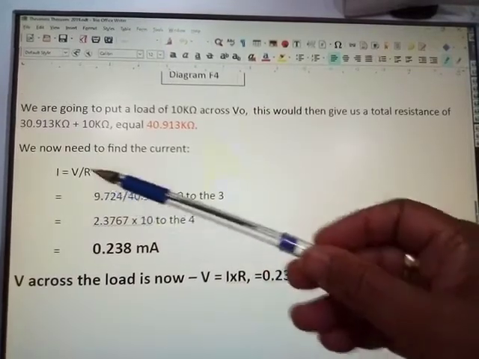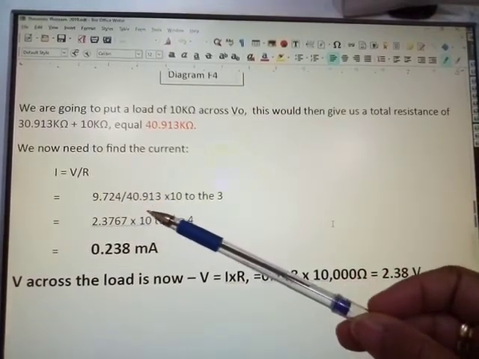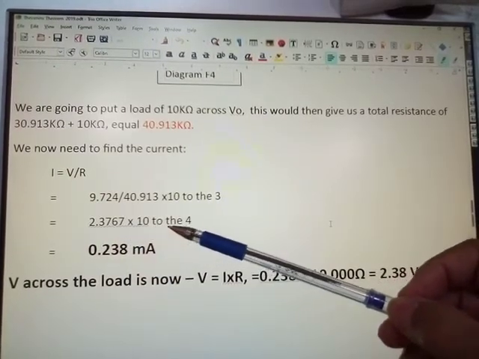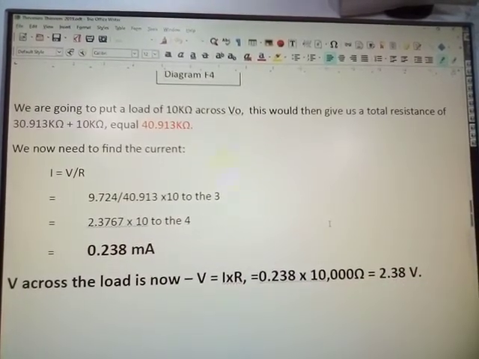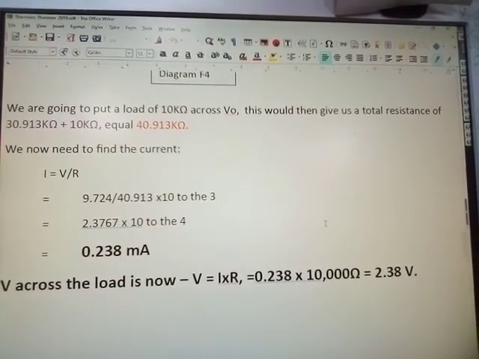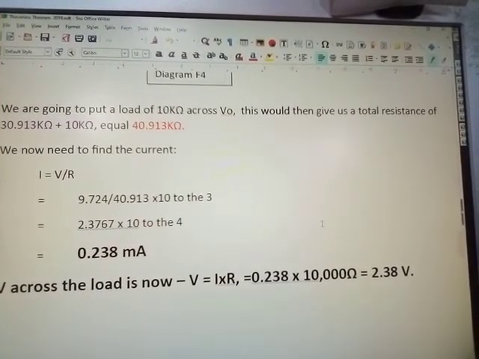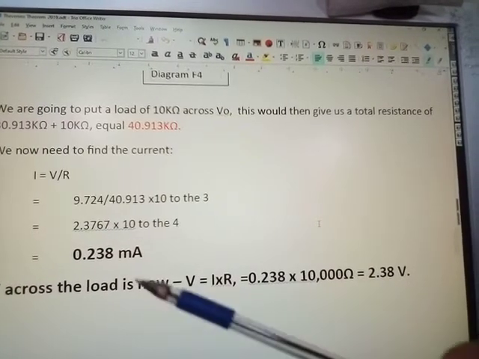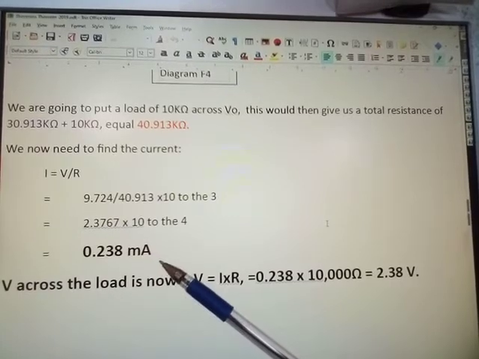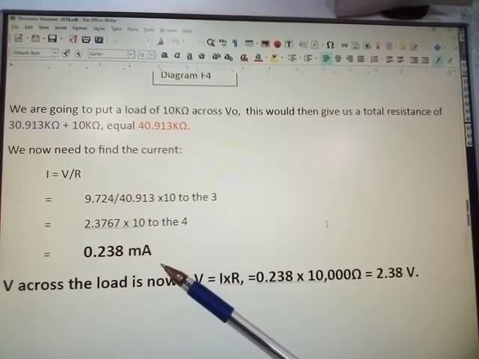Putting that I equals V over R, you'll see that that gives us 2.3767 times 10 to the 4, which gives us 0.238. Now I've put that as milliamps. Now I believe that should be amps, but I must have done that for a reason.